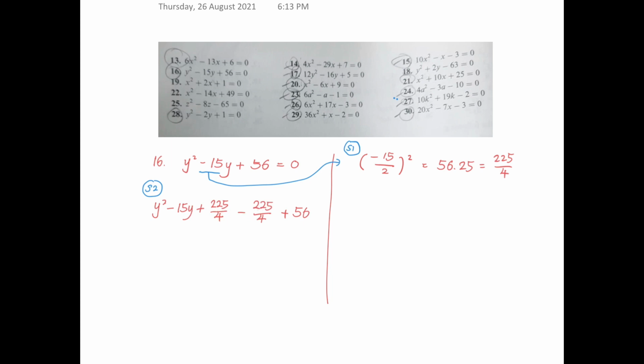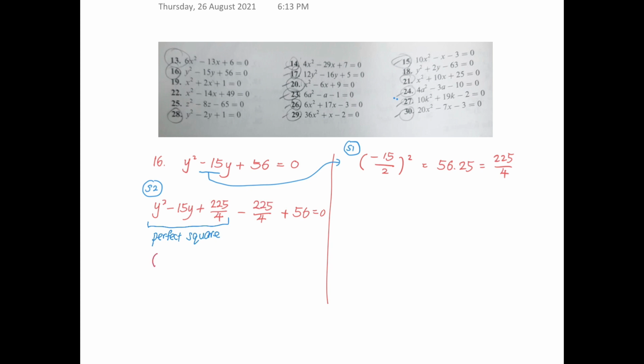Of course, the reason I do so is I want to change the first 3 terms to a perfect square. What is meant by a perfect square is we can just factorize it, just square root it straight away. So how? It will be like this.